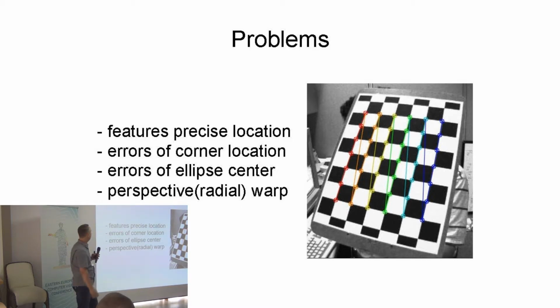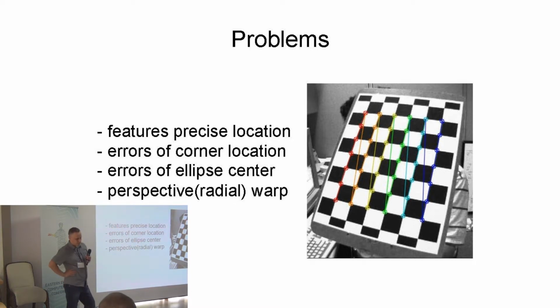Okay, and the current bottleneck of this pipeline is the precise feature location inside the photos.